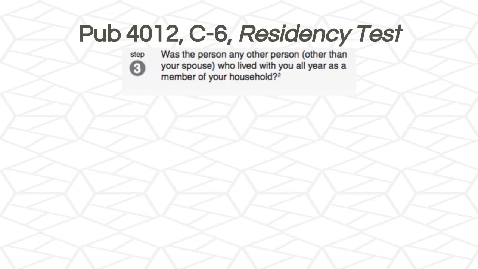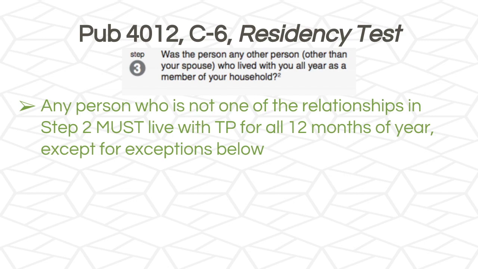Now, if we get to step 3, then we're asking, was the person any other person who lived with you all year as a member of your household? Well, this person obviously didn't meet any of the relationships in step 2, so any person who's not one of those relationships in step 2 must live with the taxpayer for all 12 months of the year, with a few exceptions.